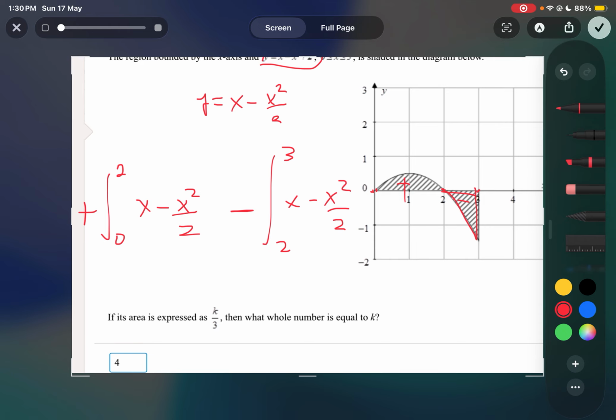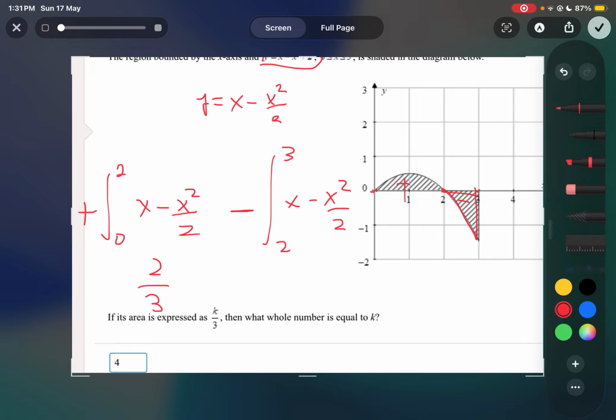Give me a second. So from 0 to 2 of x minus x squared over 2. Okay, so this one is 2 over 3.